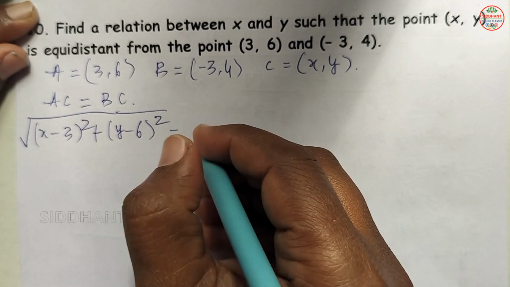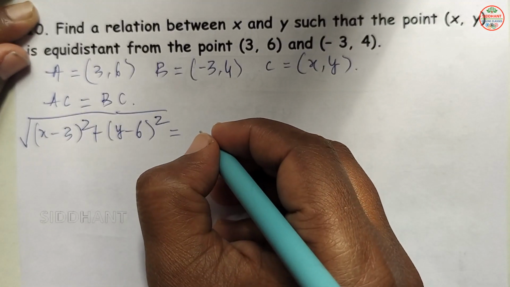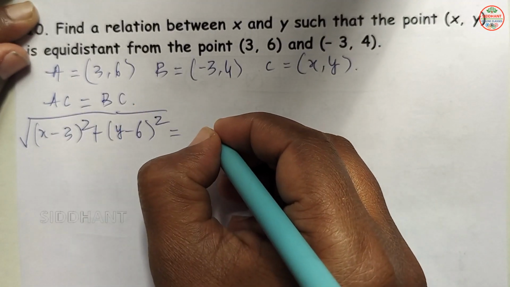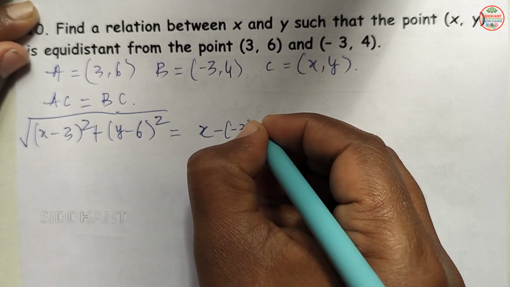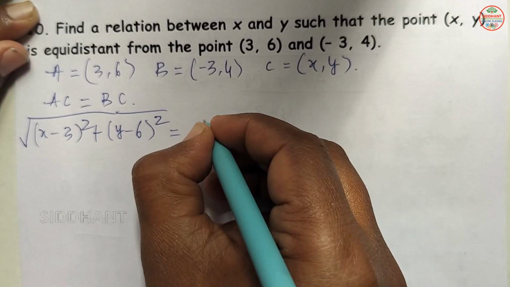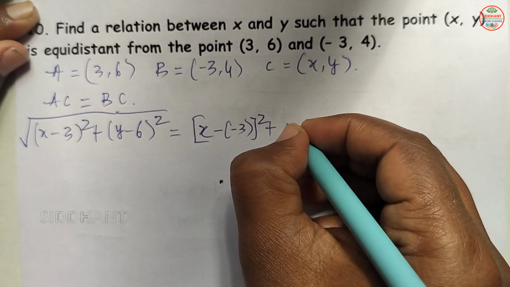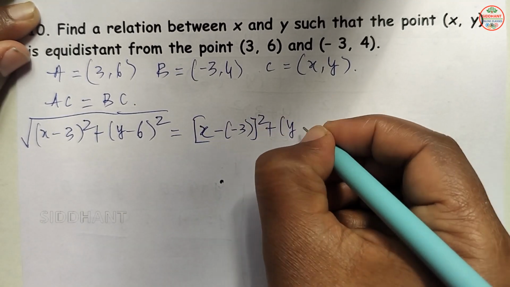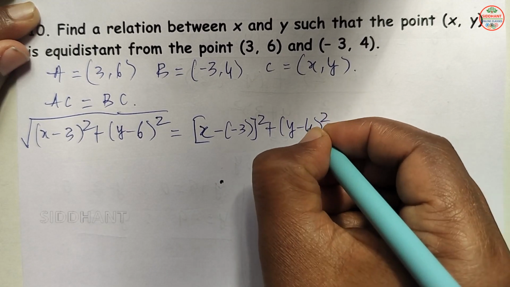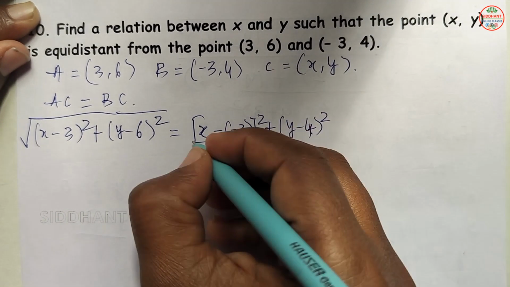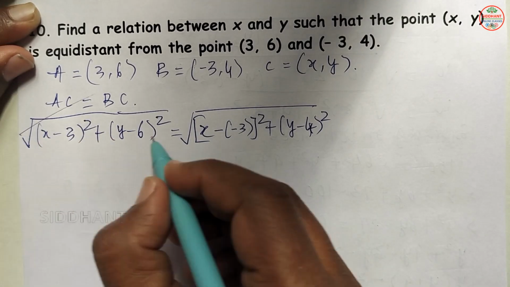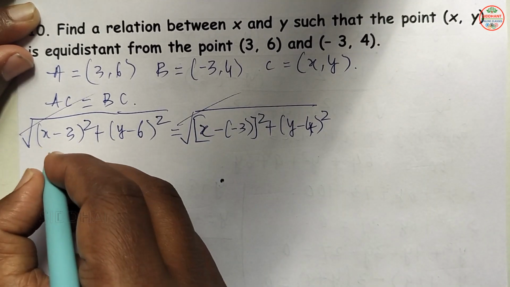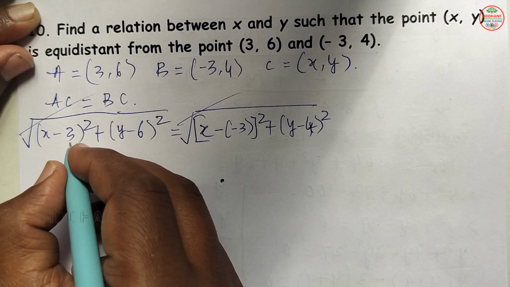So that equals BC, which is x2 minus x1, (x plus 3), plus y2 minus y1, which is (y minus 4). This is a square root, so the square root cancels.